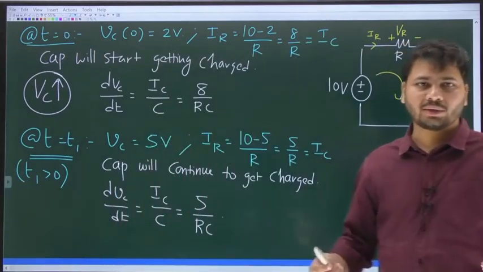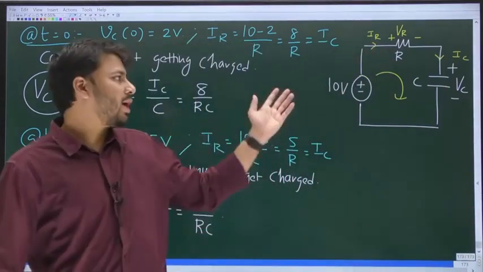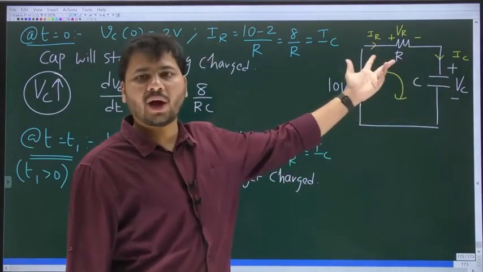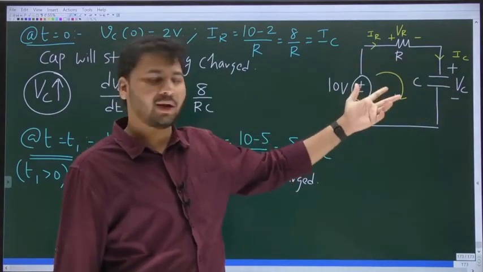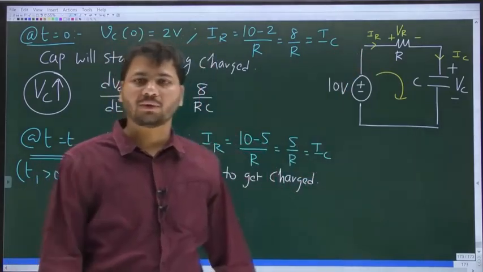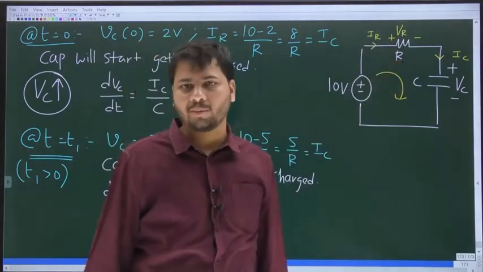So what is it so far? Initial voltage across the cap is 2 volts. Applied voltage is 10 volts. Clearly the drop across R is 10 minus 2, which is 8. Whenever you have a voltage drop across resistor, current will start flowing through the resistor. Whenever current flows through resistor, the same current will flow through the capacitor.